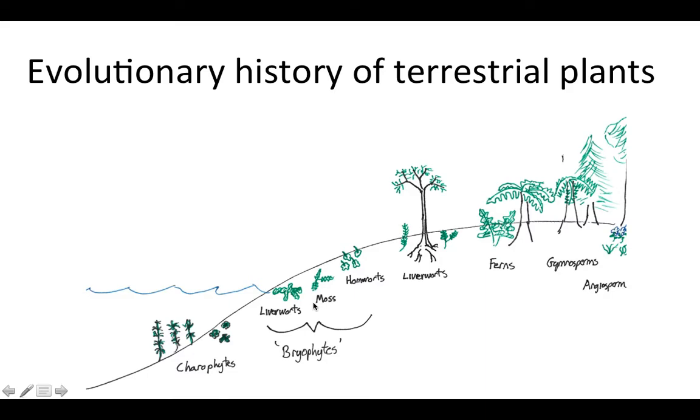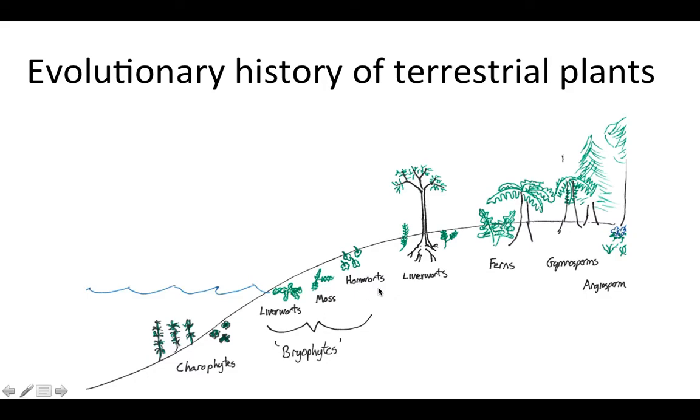Then, out of that second group, the mosses diverged and became their own group, and all of the other remaining plants are descended from the other offspring of that division between the mosses and the other plants. Then we had the Hornworts branch off and become their own group.